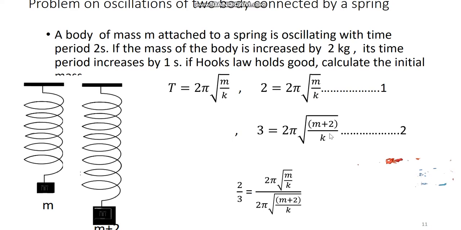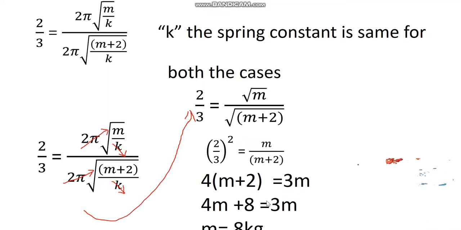If you take equation 1 by equation 2, we get 2 by 3 on the LHS, and on the RHS we get this. Here 2 pi cancels with 2 pi, and the spring constant k also cancels, leaving 2 by 3 is equal to square root of m by square root of m plus 2.